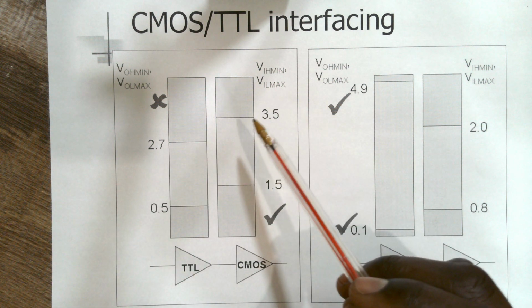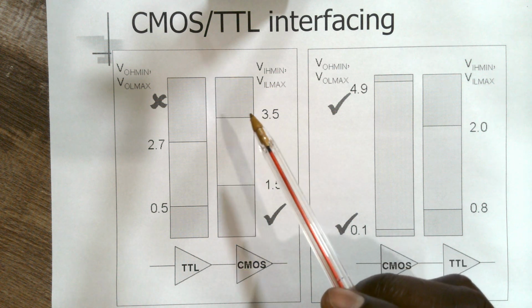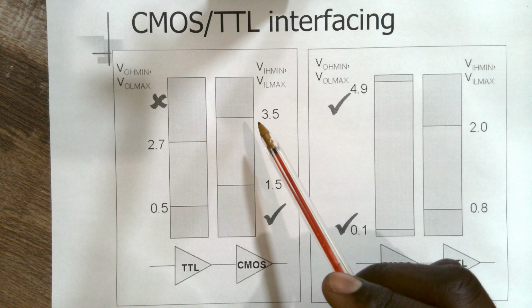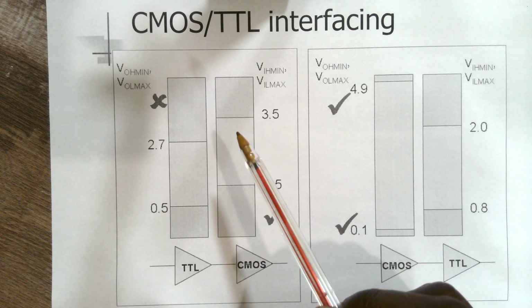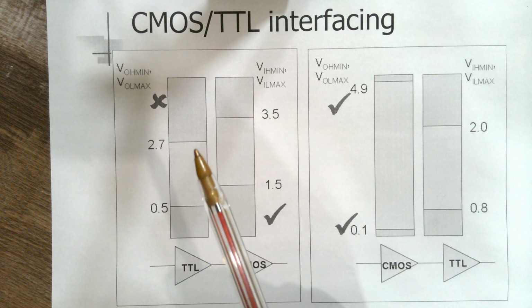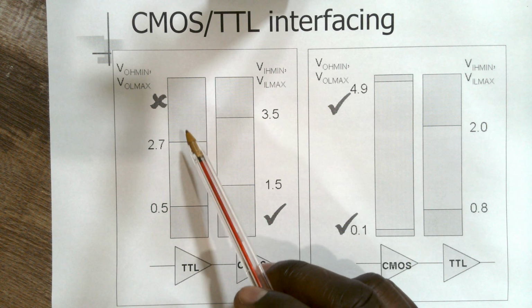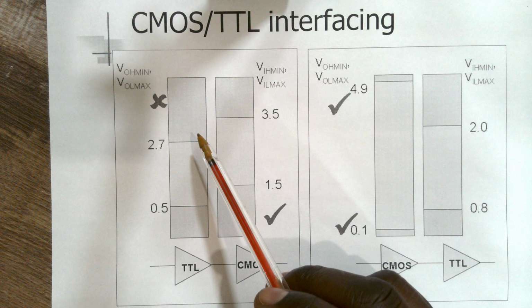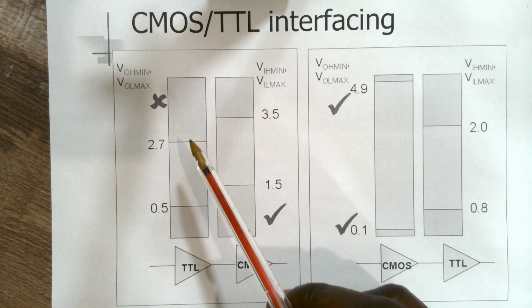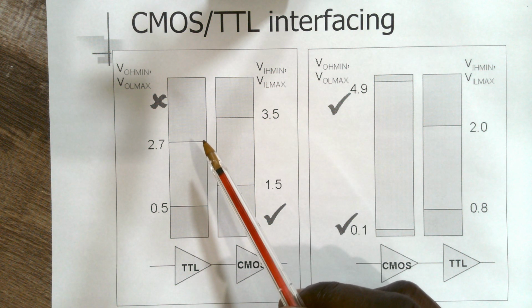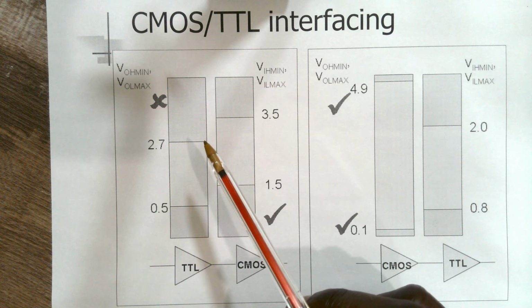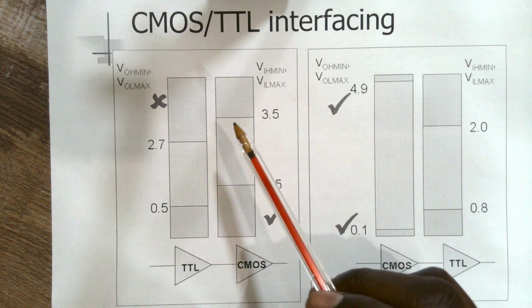And we know for CMOS technology, an input between the range of 3.5 volts and 5 volts is going to be interpreted as a logic 1. So if we put these against each other, it means that there's a portion of voltages coming out of a TTL IC that is not going to be interpreted by the CMOS technology as a logic 1.